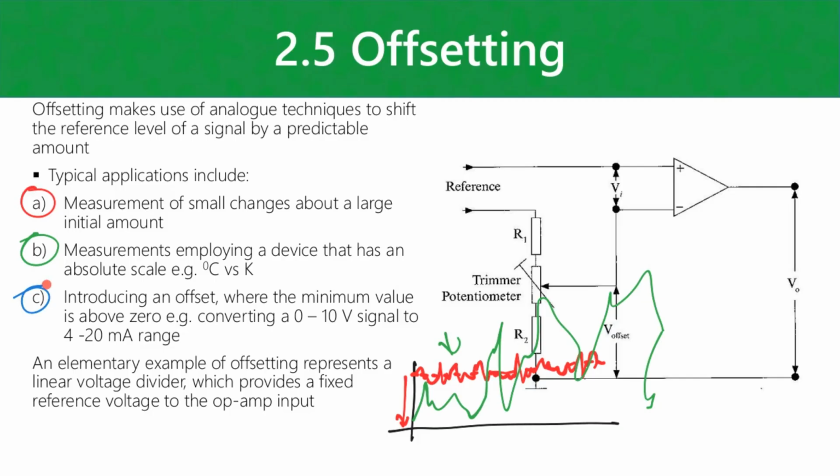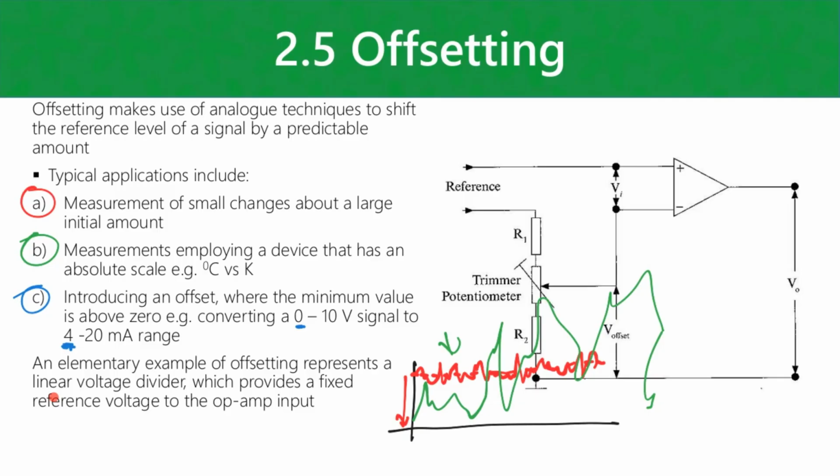So for instance, if you're converting a 0 to 10 volt signal to maybe a 4 to 20 milliamp signal, now there's no way that you're going to amplify that 0 volts to correspond with that 4 milliamps there without any offsetting, right? So that 0 is going to make everything 0 every time.